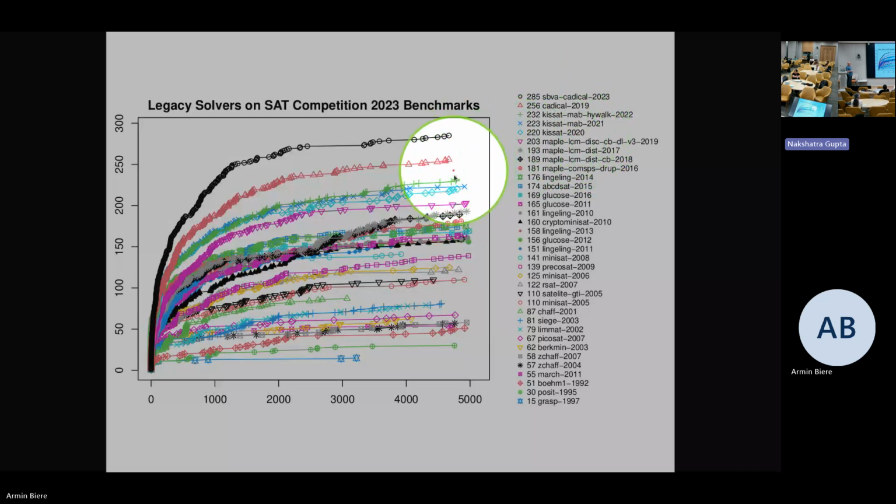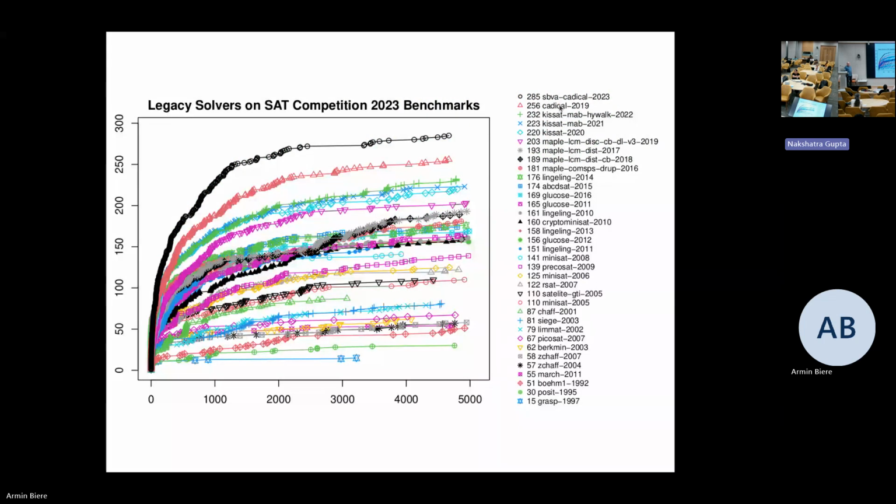These are down here. And this is an old solver of mine, which is CaDiCaL, so it didn't win anything in the competition, but it would have won last year compared to all these other ones. But there was another jump on top of this CaDiCaL, this SBVA-CaDiCaL, a tremendous increase of solved instances.